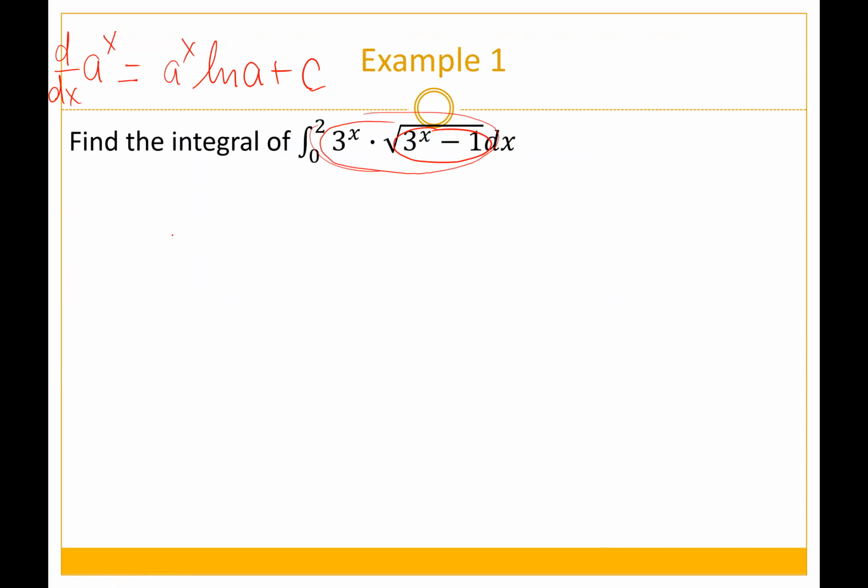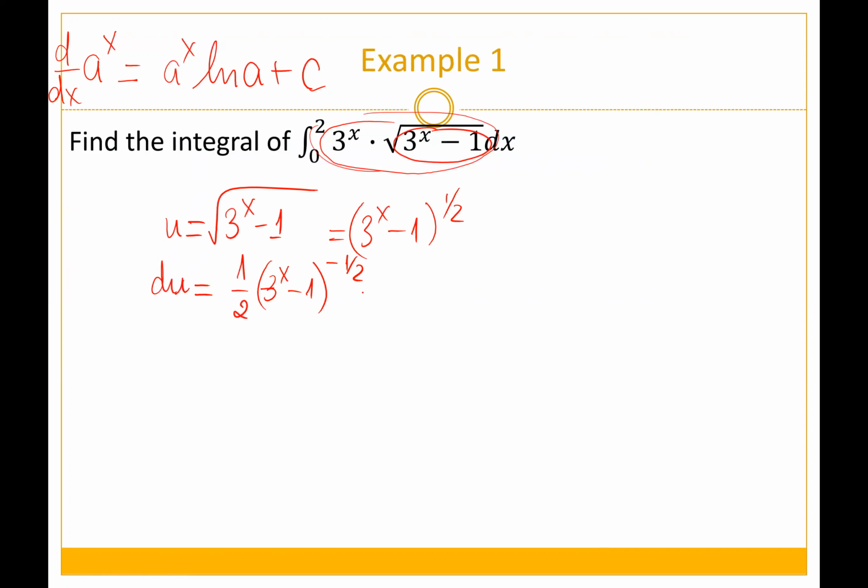What I'm going to do is put u equal to 3^x minus 1, or you can put it as the square root, it doesn't really matter. Then du is going to be 1/2 times (3^x minus 1) to the negative 1/2 times 3^x ln 3 dx.